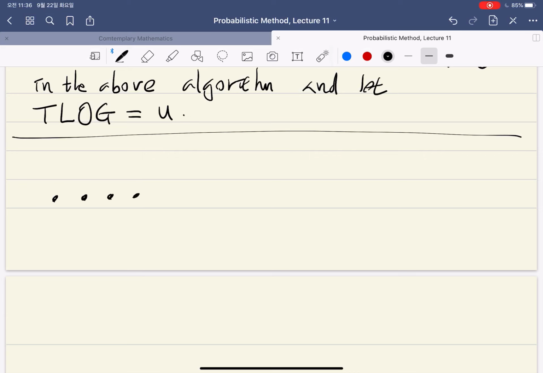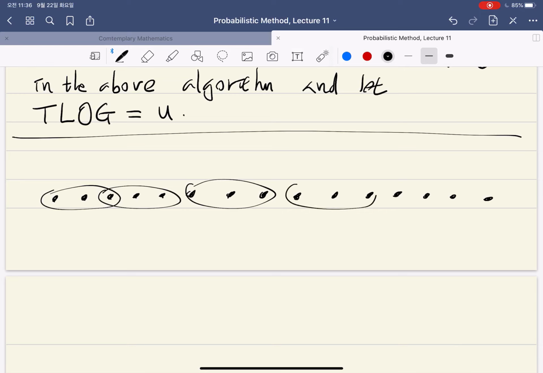So let's consider this. Let's say these are the elements in omega. And initially there are some bad events that happen. So these are the bad events, and you choose one. So you choose this one, and then you reshuffle them. So now this is no longer a bad event, because while reshuffling, this has changed.